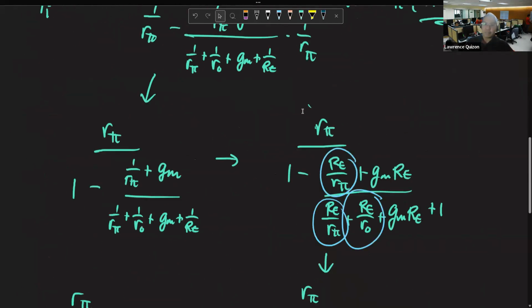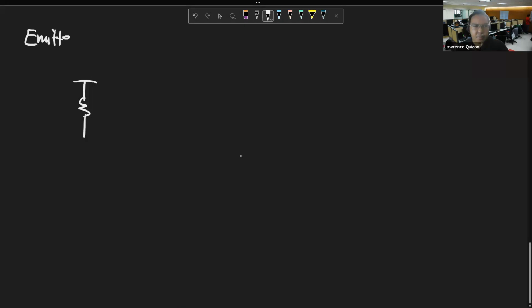Sige. So, after all of that, finally, ano itsura? No? So, we had this, no? So, finally, let's talk about the emitter degenerated CE amplifier. Right?